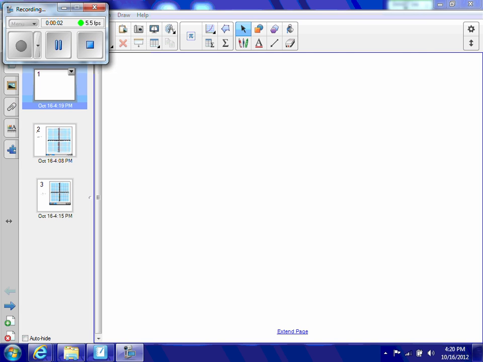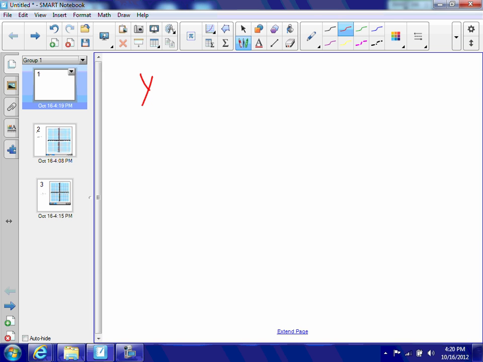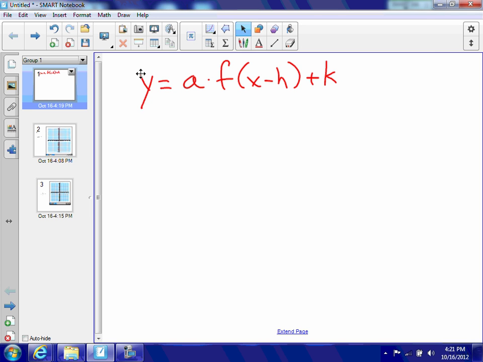to talk about transformations. And when we talk about transformations, we're dealing generally with y equals a times f of x minus h plus k. And actually, we're going to make that a little bit more nuanced.